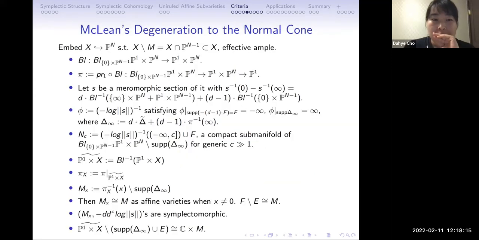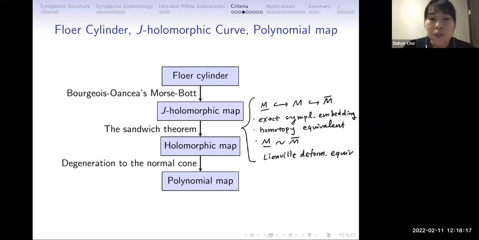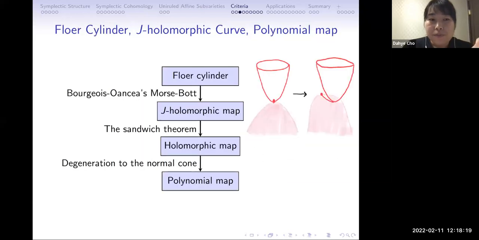So the next step is, we deform the flow cylinder to a J-holomorphic curve, followed by intersecting with the descending chain of the Morse function, and we put this picture into a family of affine varieties, which is actually a Kähler structure deformed.